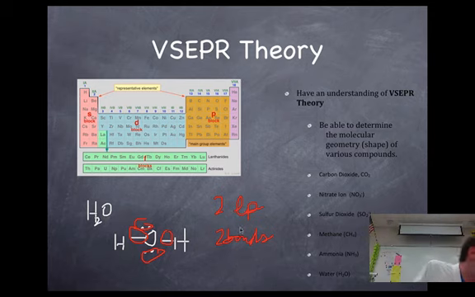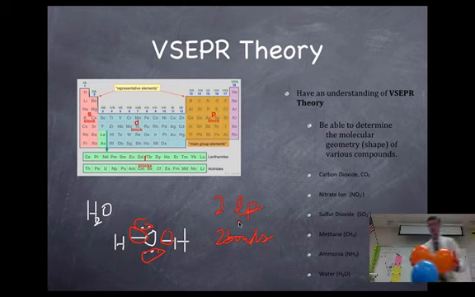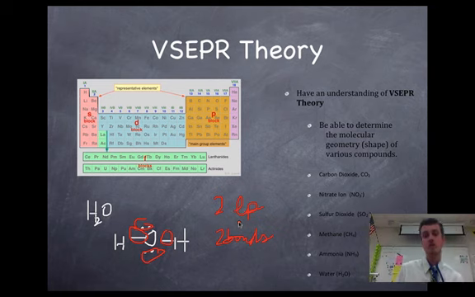In this example, I have my two sets of lone pairs, my orange balloons again. With my blue balloons, my hydrogen atoms around my central atom, you're going to see a bent shape again. So if you have two regions of lone pairs and two bonds, that's going to be bent.